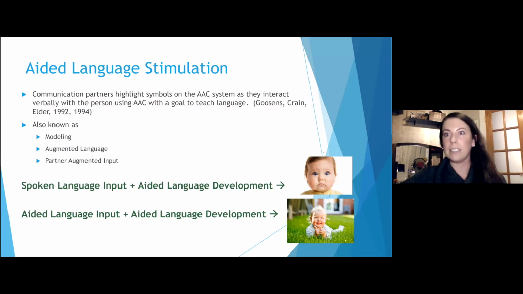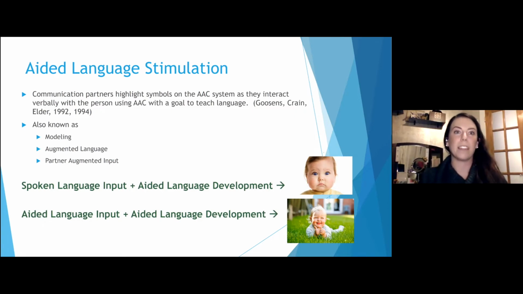What it means is that if I am using spoken language, so I am just speaking to an AAC user or to someone who signs, and they are somebody who uses ASL or who uses AAC, they're going to be this unhappy child that's to the right of it. They're not going to be able to understand that, okay, the sign for more means more if I'm just looking at them and saying more.